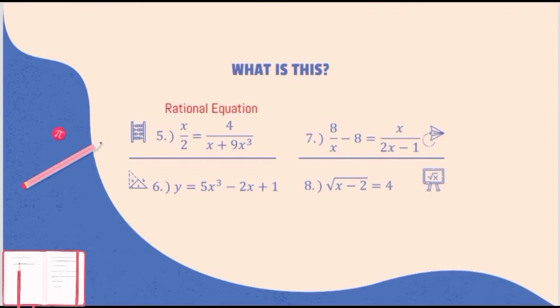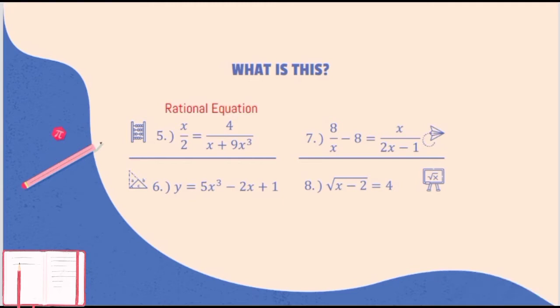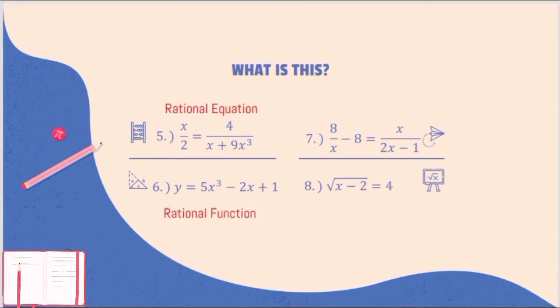How about number 6? Since there is another variable y here, it could also be f of x, therefore, this is a rational function. We are now on number 7.